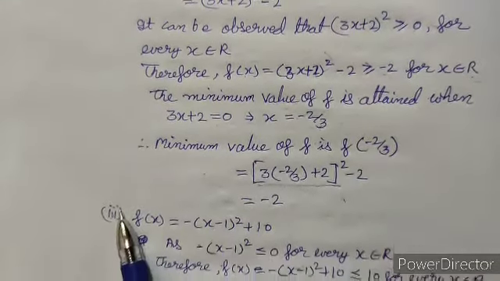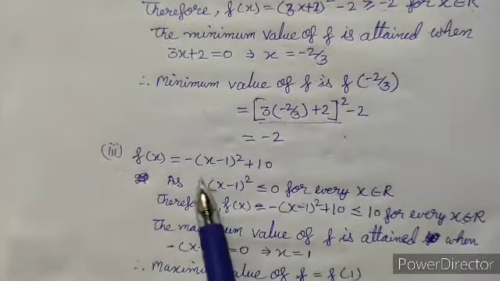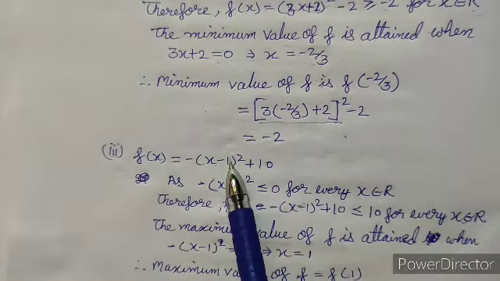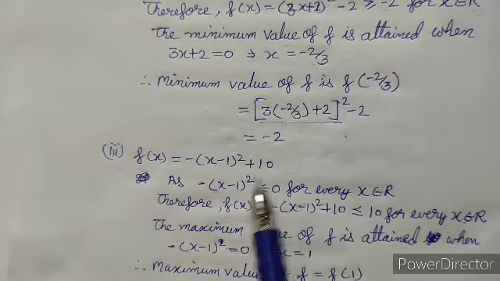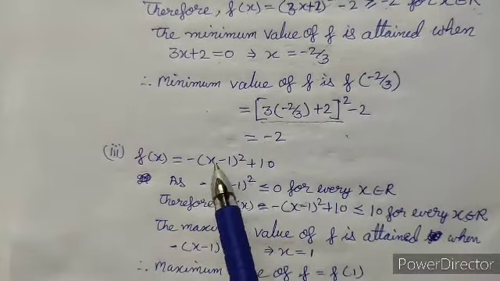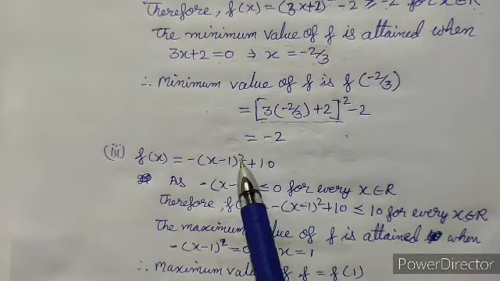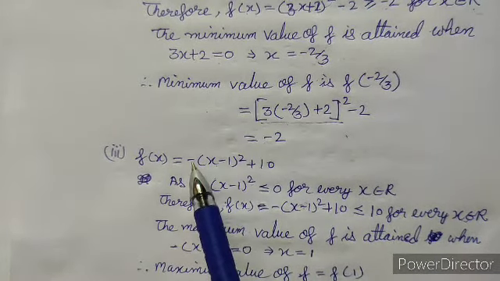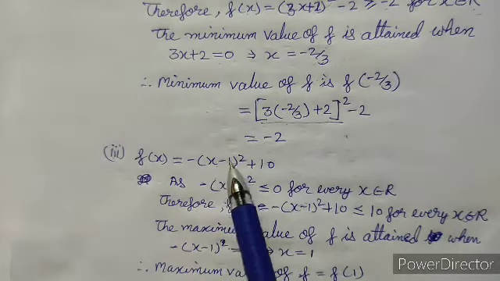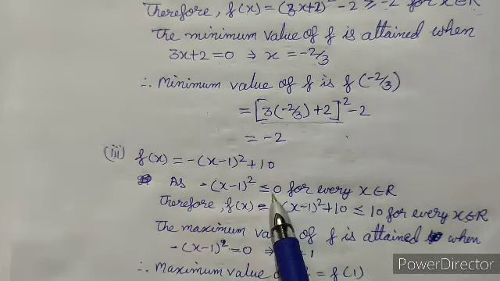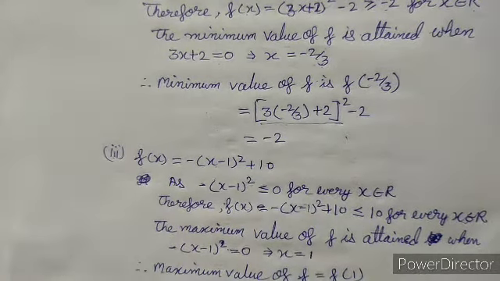Now in third part, f(x) is given to us as minus (x minus 1) whole square plus 10. Here also, (x minus 1) whole square will always be greater than or equal to 0, and minus (x minus 1) whole square will be less than or equal to 0 for x belongs to real numbers.